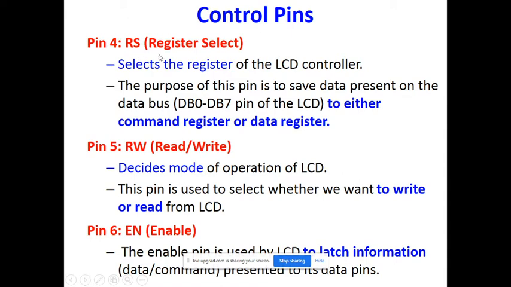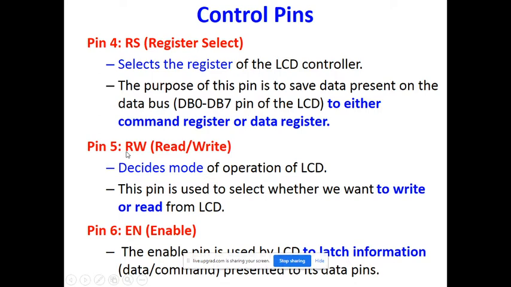When it is 1, it is passed to the data register. When it is 0, it is passed to the command register. So RS equal to 1 means data, and RS equal to 0 means command.